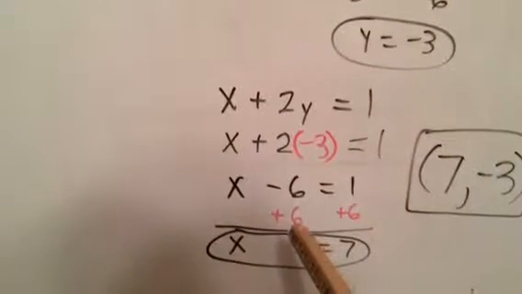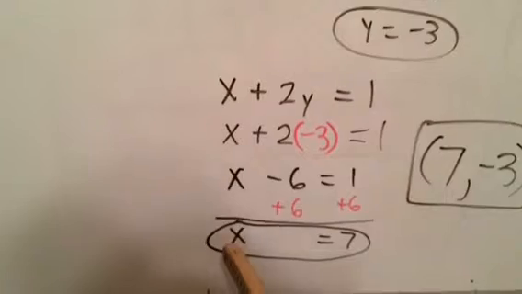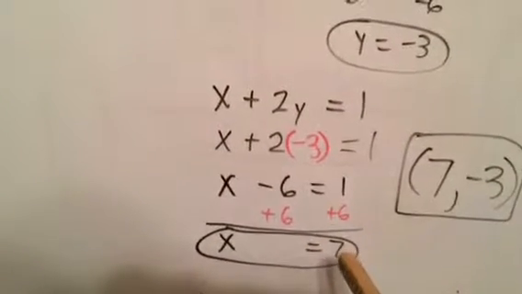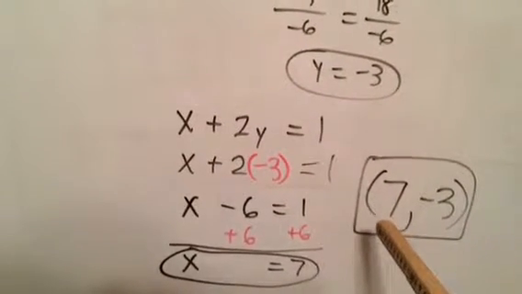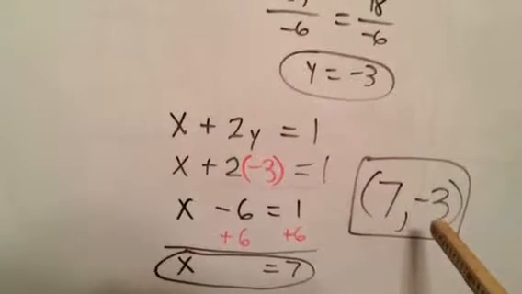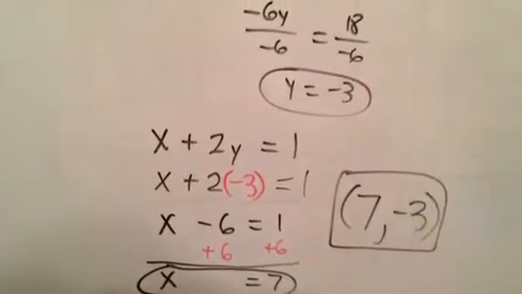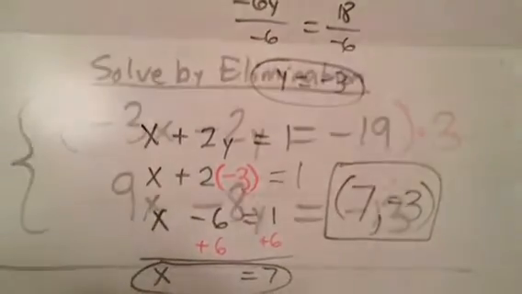And now the one-step equation, by adding 6 to both sides, gives me a result that x is equal to 7. And therefore, my solution to this system of equations is x is 7, y is negative 3. This is the point where the two lines would intersect each other had we chosen to graph them.